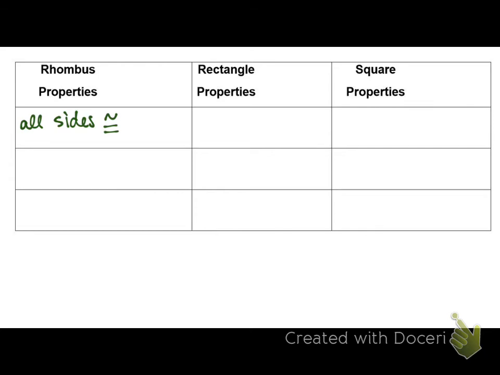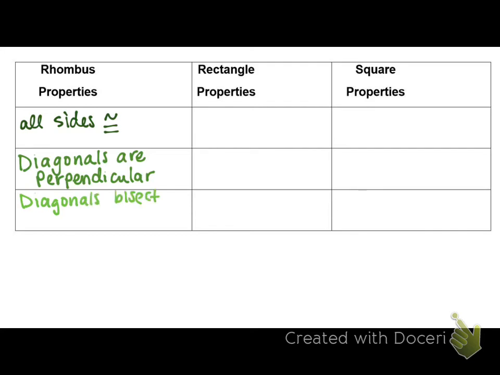What are the two other things we know about a rhombus? Diagonals are perpendicular. There's one more, and it's still about the diagonals. Correct. They bisect opposite angles.